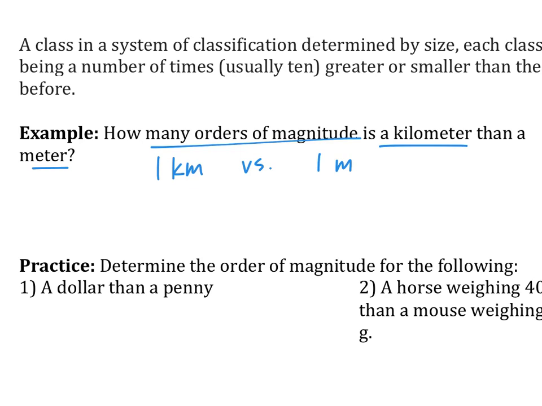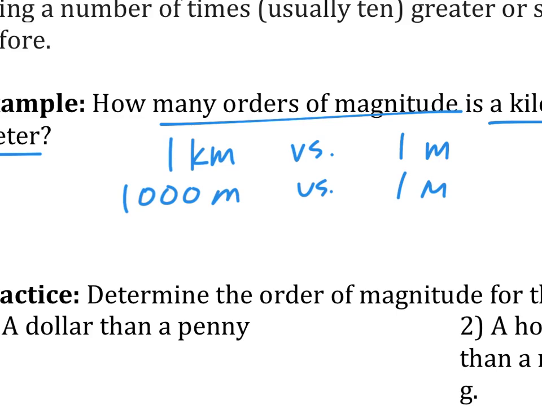Okay, the first thing you're going to do is change them so that they have the same unit. So 1 kilometer is how many meters? 1,000, yes. So 1,000 meters versus 1 meter. The next thing you're going to do is change both of them into a kind of scientific notation, so some magnitude of 10.